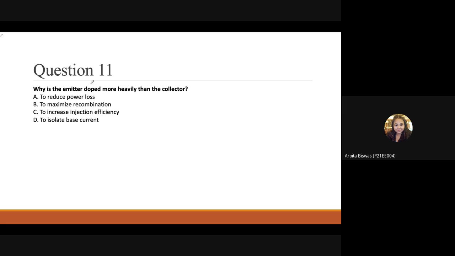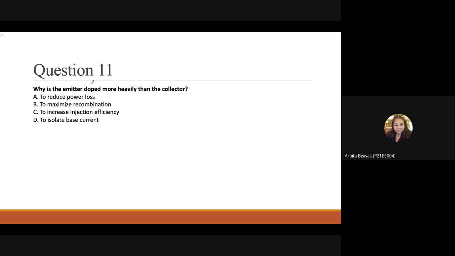Can you explain a little bit about it? Let's discuss the options one by one. To reduce the power loss, is this option right or not? That's why the emitter is doped more heavily than the collector. Is this the right option? No, ma'am. Option A is the wrong option. Coming to option B, to maximize the recombination, is this the right option? No, ma'am.